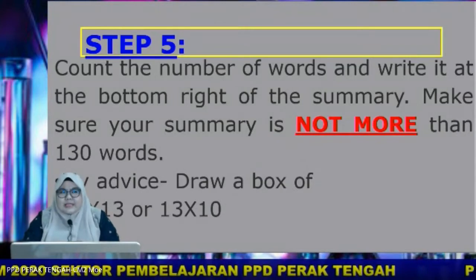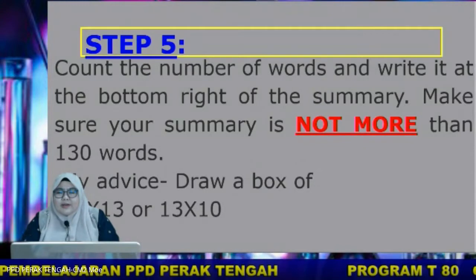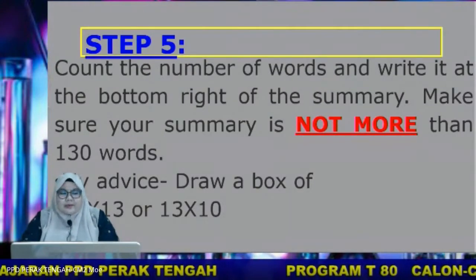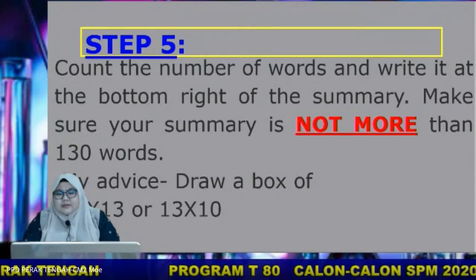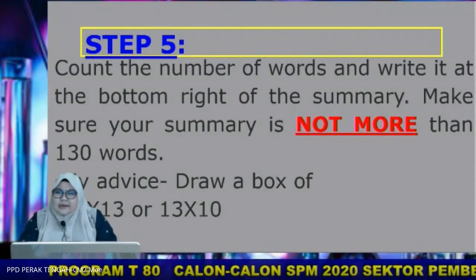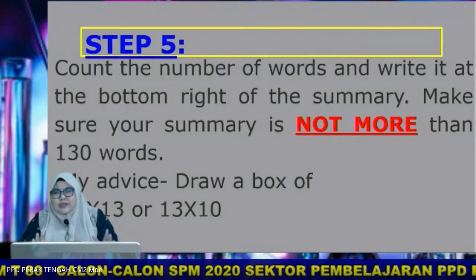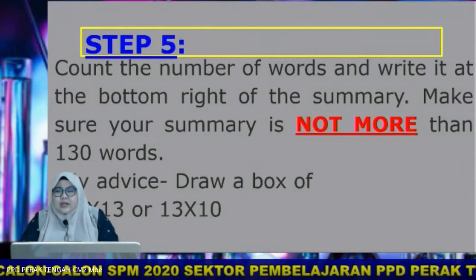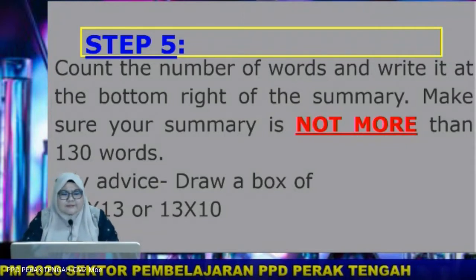It will be easier for the marker and also easier for you to know whether you have enough content points or not. My advice is to draw a box of 10 multiplied by 13, or 13 multiplied by 10, for you to write your summary so you know whether you have enough words or not. I'll show you the examples of the box that I have here.